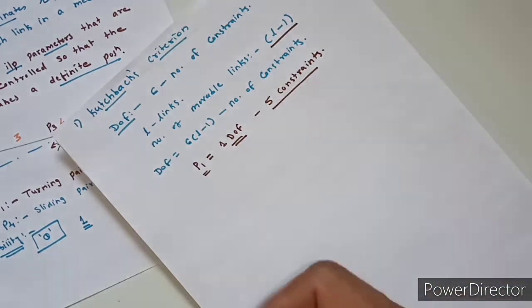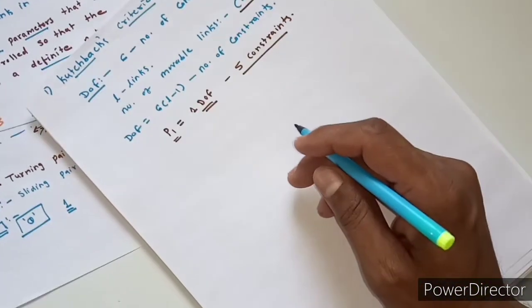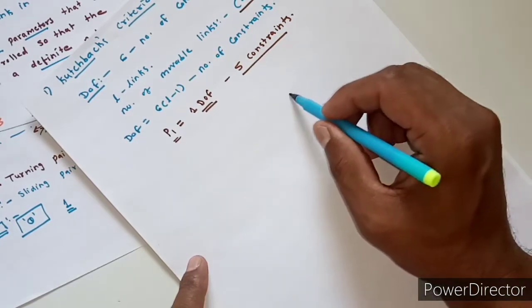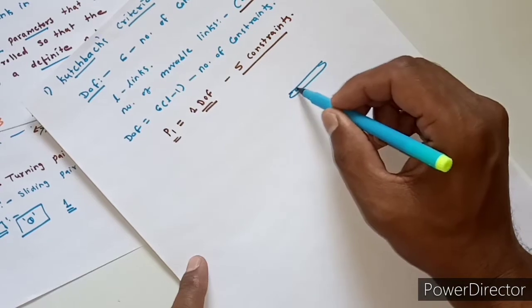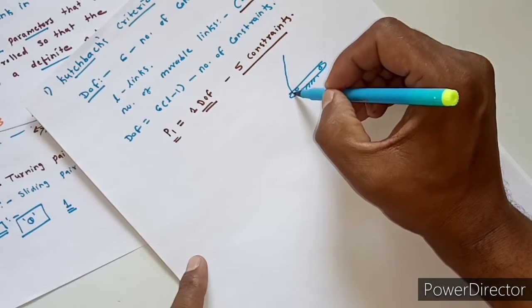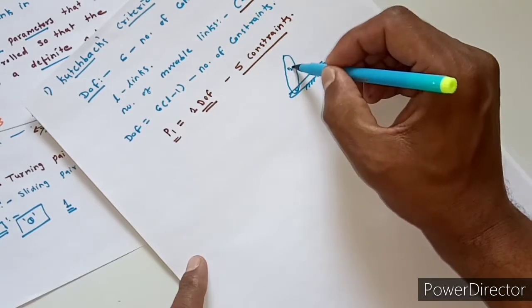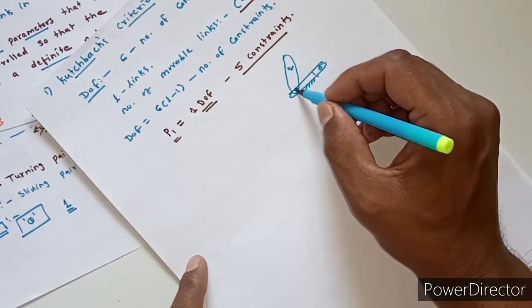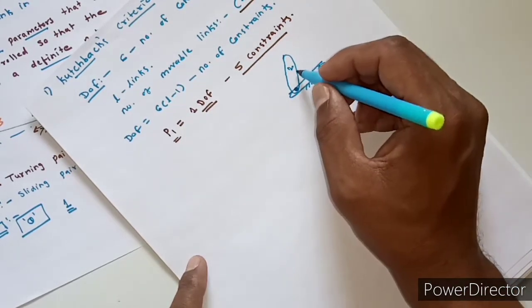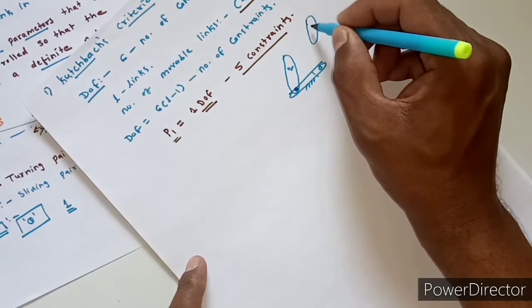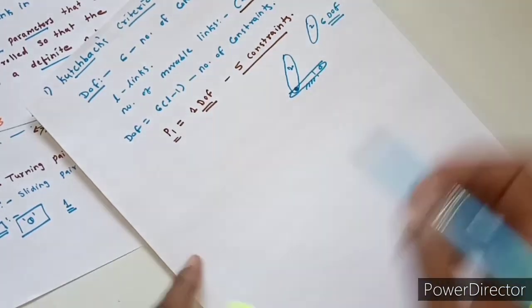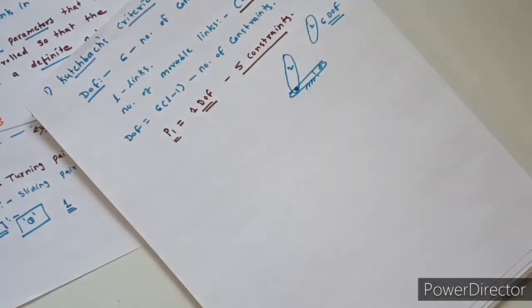How? Let us take an example. Say we have one fixed link in space, and if we attach link number 2 to this link number 1 which is fixed using a turning pair. Now before attaching link number 2 to link number 1, link number 2 was having 6 degrees of freedom because it can translate along 3 directions as well as it can rotate about those 3 directions.